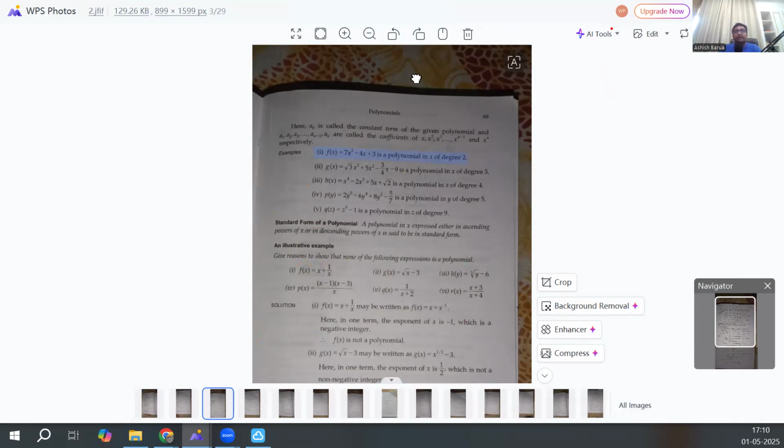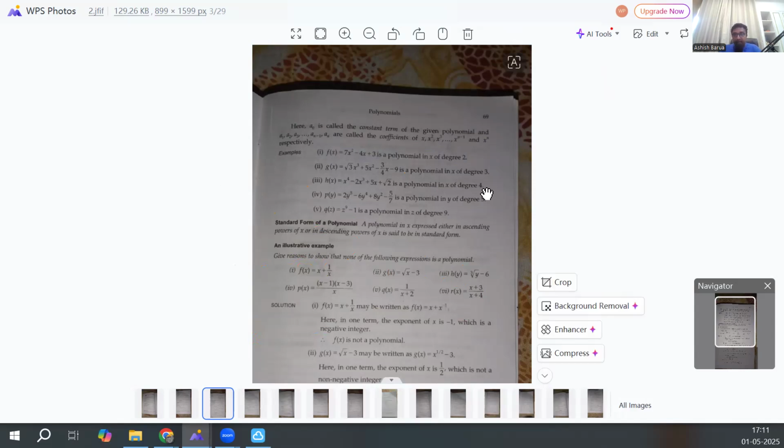Next coming is the degree of the polynomial. What is the highest degree of an algebraic expression? The variable of the algebraic expression. Here the algebraic expression consists of the x variable. To find out the degree of x, we will arrange the x terms in descending order, means higher powers first, then the lower powers.